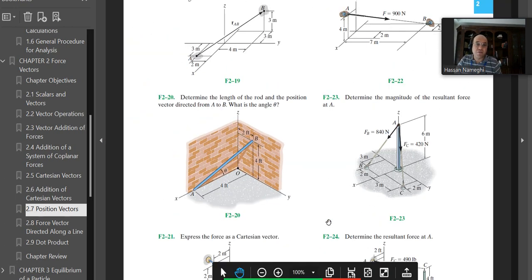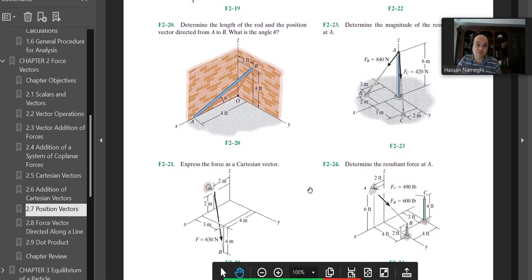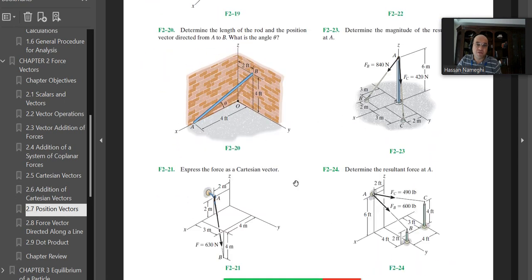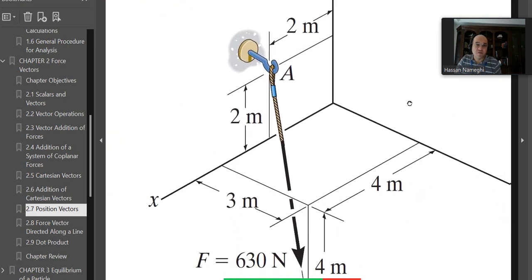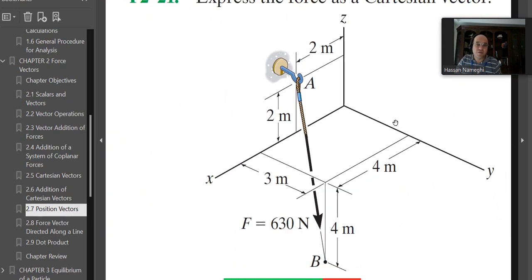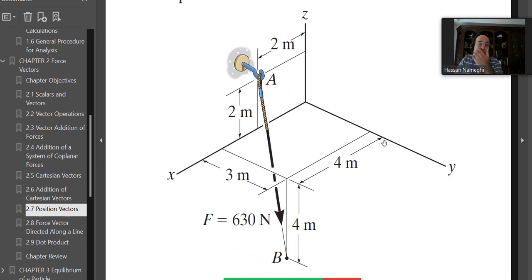This requires a little bit of thinking when we solve a problem like this. So, with a little bit of zoom out, what's the position of point A?